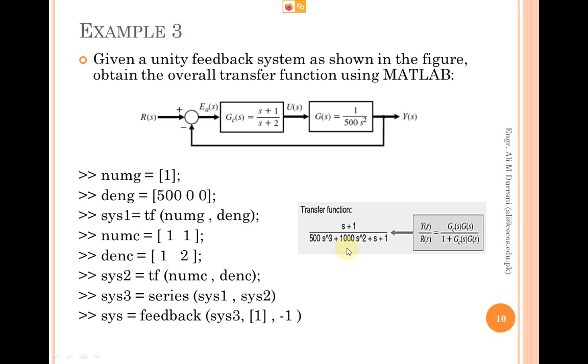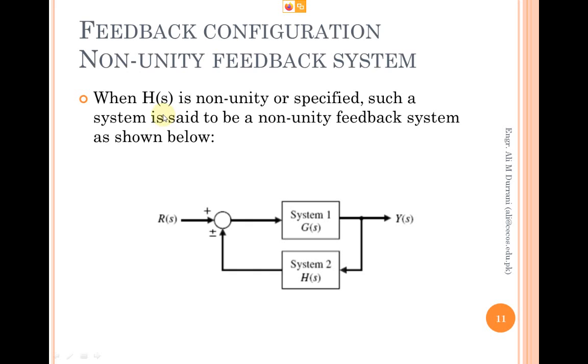your results properly. So now we come towards the last example of our today's lab, in which we have a non-unity feedback system, and in this we have multiple transfer functions. So first transfer function, system1 g of s, it can be a combination of more than one transfer functions.